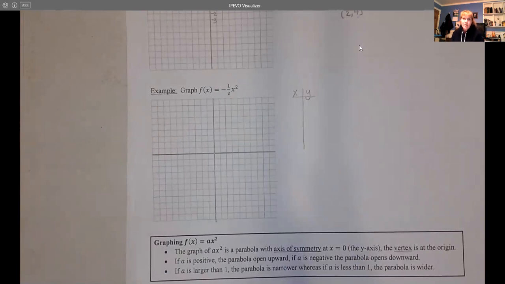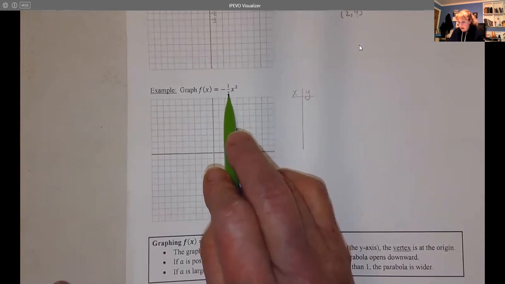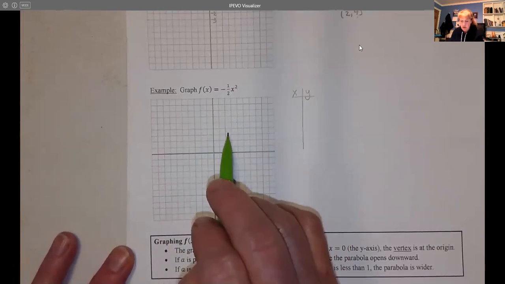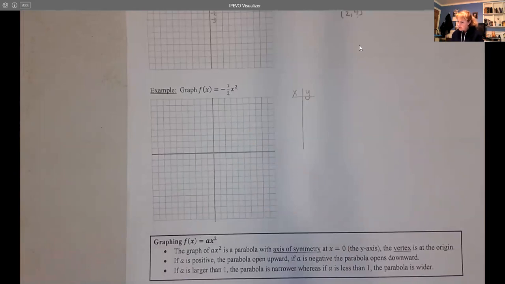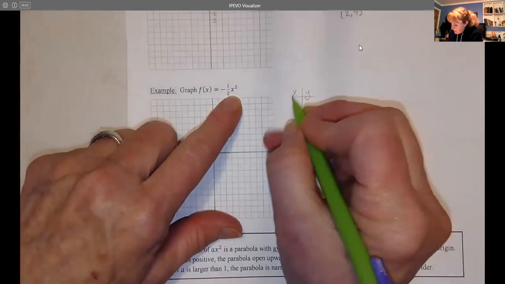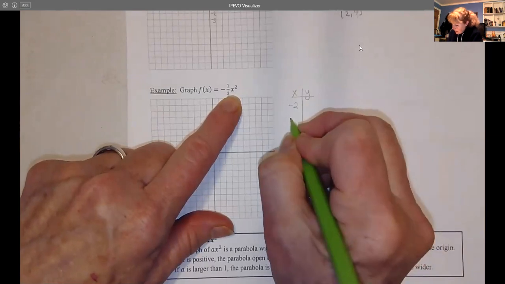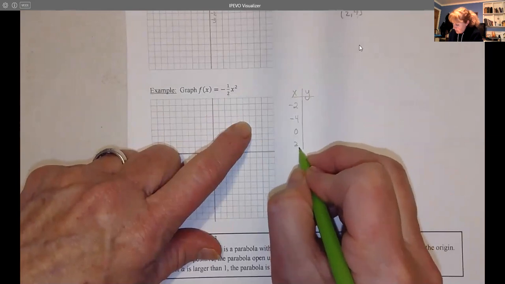So we need to choose wisely. In other words, I don't want to use a 3 because 9 cannot be divided by 2 and come up with a whole number. Integers are a whole lot easier to graph. So let's choose maybe -2, -4, 0, and we'll do the 2 and the 4.